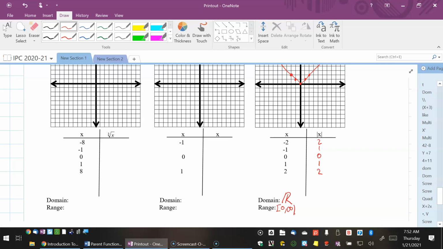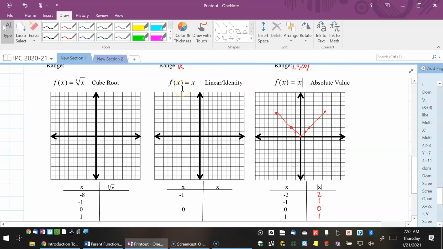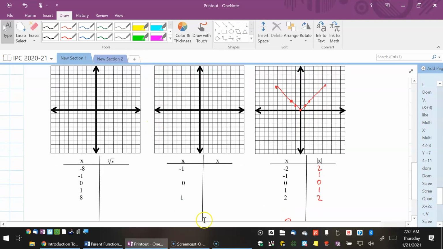So as you're memorizing these anchor points, for a lot of these, the x's are just -2 to 2. If we look at our linear function, I have -1 to 1 because this is a line. You really only need 2 points. It really helps us to get a good line if we had 3 points.